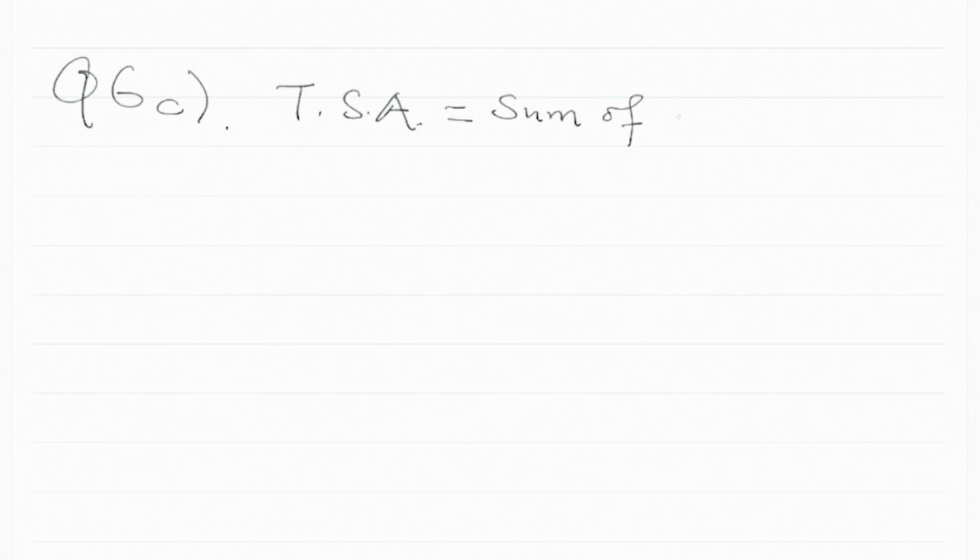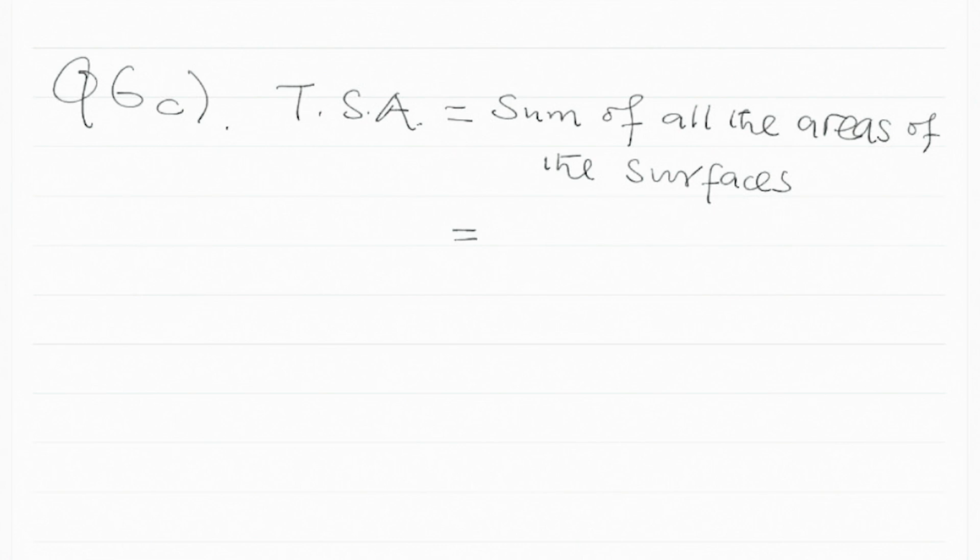So, look at the diagram again and pick out the surfaces that are in that diagram. From the diagram you can see that we have rectangles and triangles.